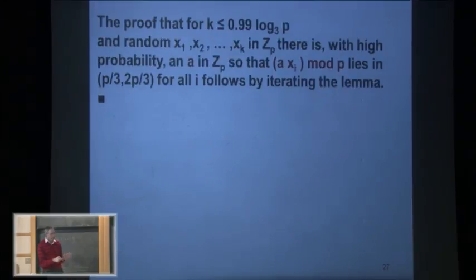The trick is to not compute AXI modulo P, but to add also a y, and compute AXI plus yi, although this is not what we want. But once we do that, we get pairwise independence.